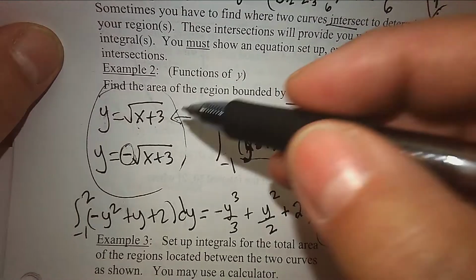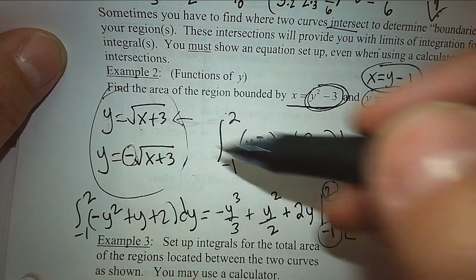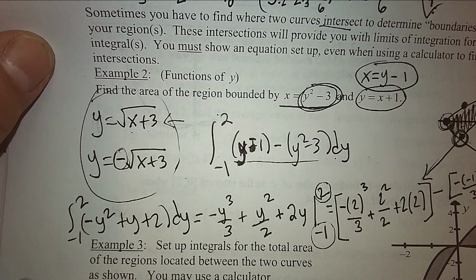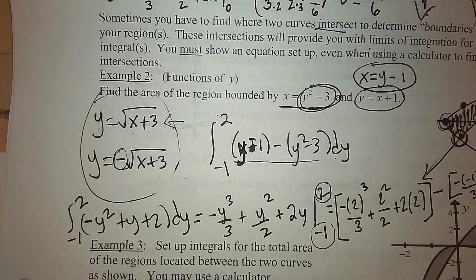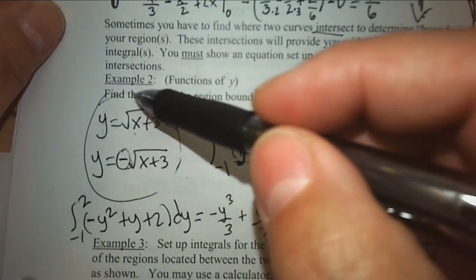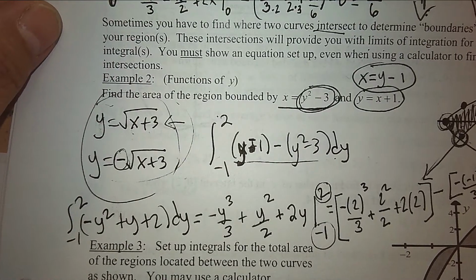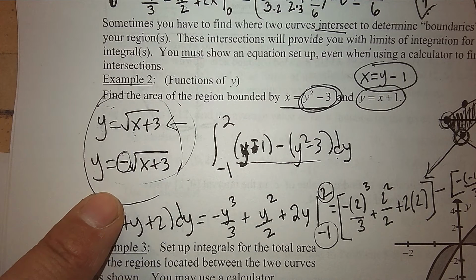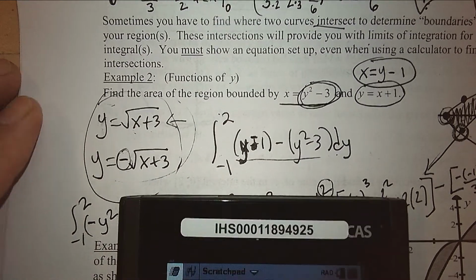If I wanted to graph this, I would have to write the equation in terms of y equals if I had to use my calculator. So if you do in terms of y equals from the beginning, you would have to use positive and negative root x plus 3. Let's just see what that would look like.